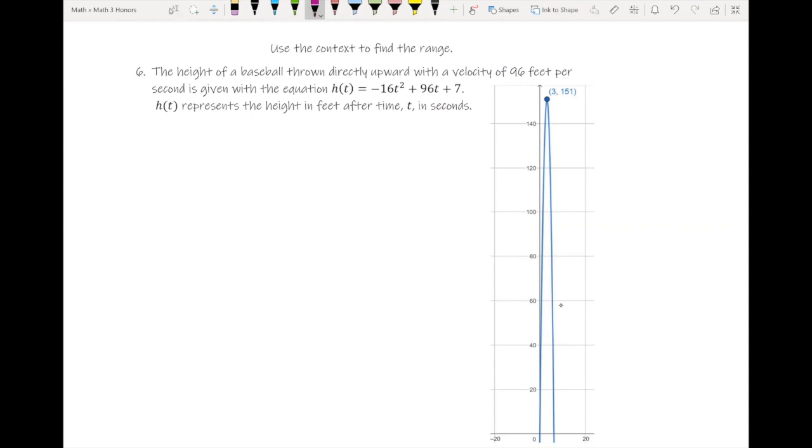So the t is my input. That's like an x value. It has domain. The range, which it's actually asking me to find, comes from the h of t. This is like the output or the y value. So it gives us the range.